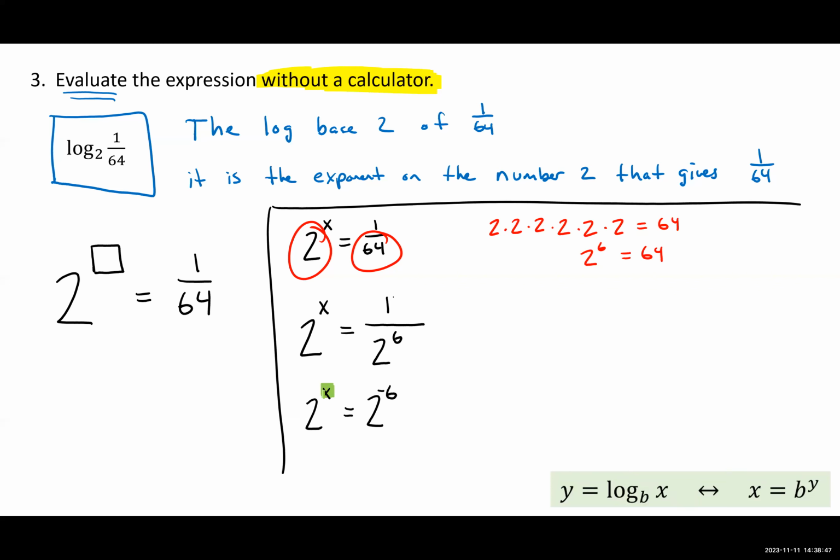And so if 2 to the x is equal to 2 to the negative 6, we have the same base on both sides. Well, then the exponents have to be the same. If 2 to this equals 2 to that, now this equals that. So x has to equal negative 6.